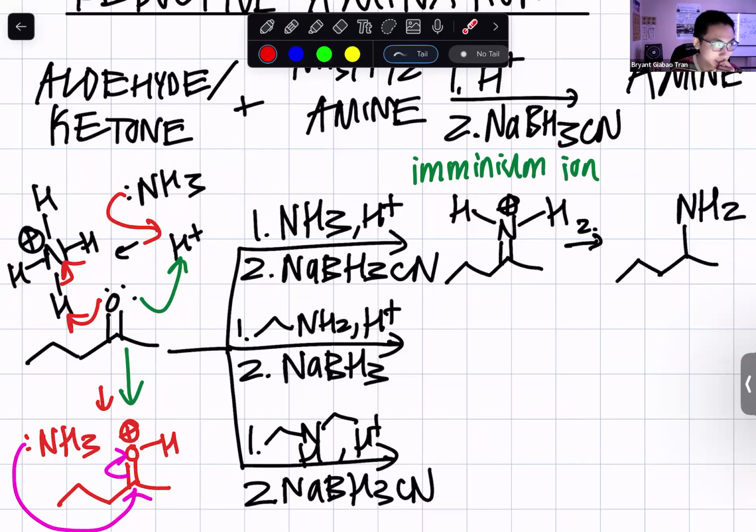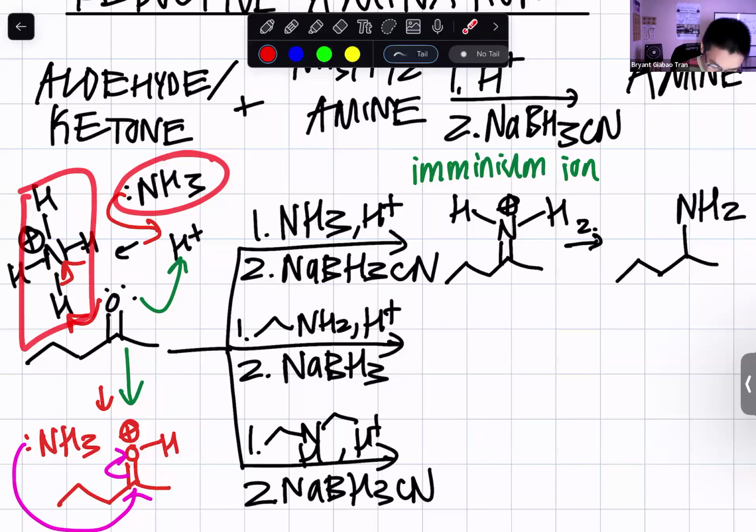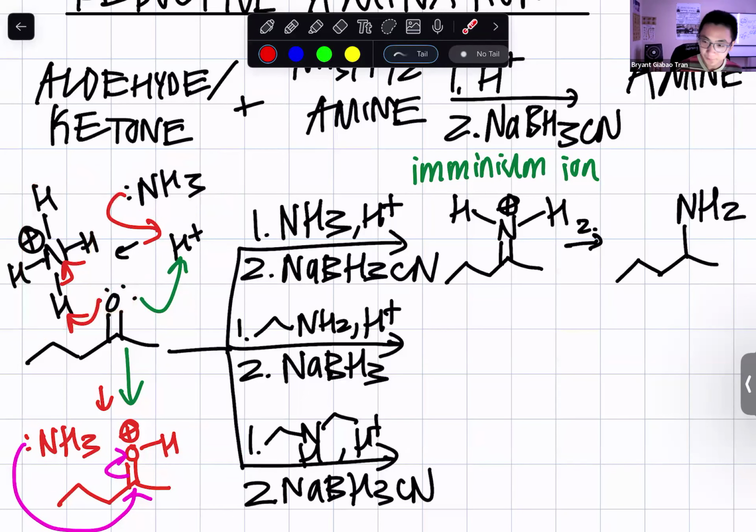Farahat, I'm not sure, but since he follows the textbook, I think he's going to be more like Nasiri. So I think he would want it this way as well: protonate the amine first, and then use the protonated amine as the acid source for the carbonyl oxygen. Okay.